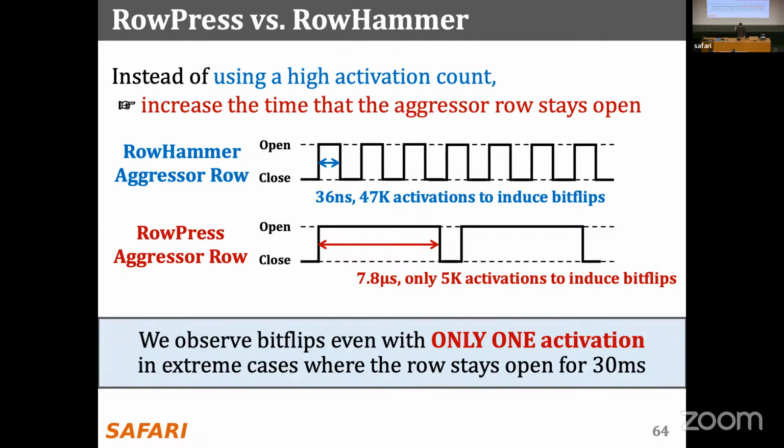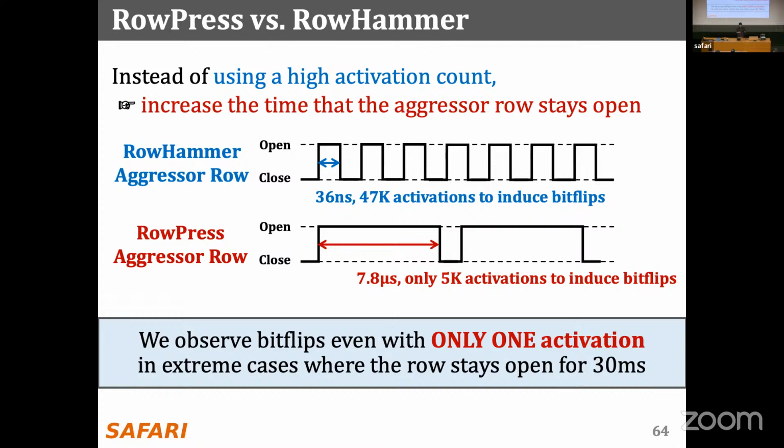And in extreme cases, let's say we go beyond the JEDEC standard and let a row stay open for 30 milliseconds. This is beyond the row open time limit in JEDEC, but it still falls within the refresh window of DDR4 chips, which is 64 milliseconds.